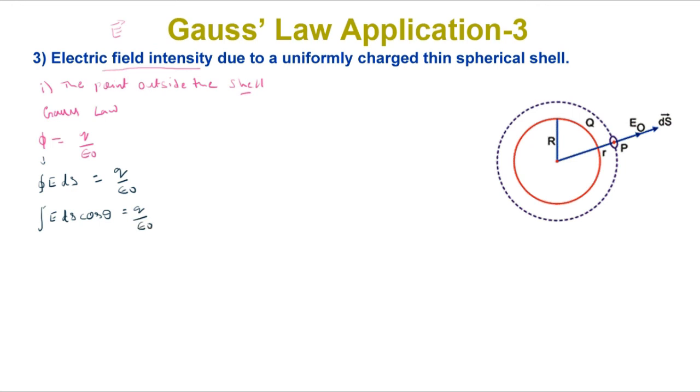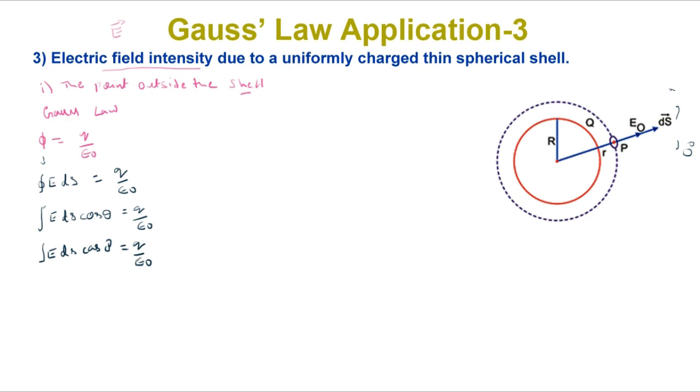Observe that the considered area direction ds and the electric field direction at point P are in the same direction, so the angle between these two is 0 degrees. Substituting, integration of E ds cos 0 degrees is equal to Q by epsilon naught.